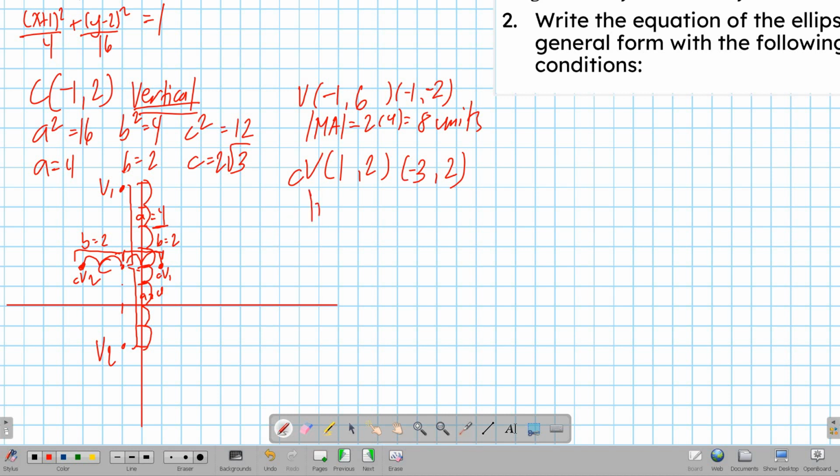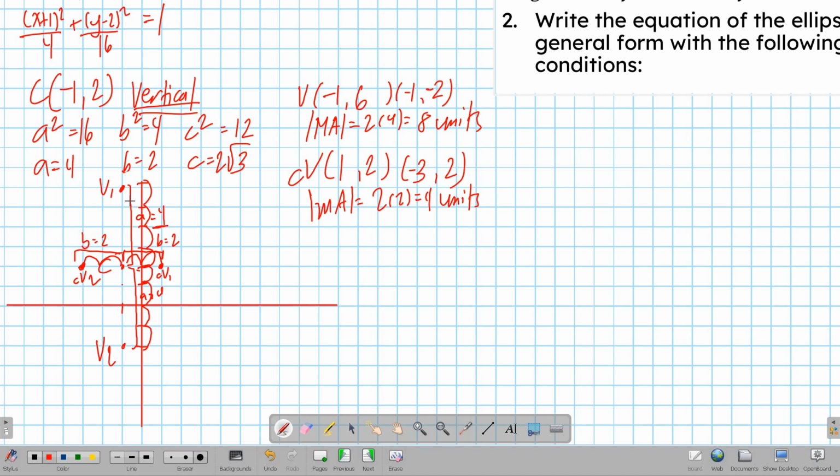From here, we can also get the length of the minor axis, which is 2b. That's 2 times 2, which is equal to 4 units. Finally, for c, although it's a bit complicated to look for where c is, 2 square root of 3 is approximately between 3 to 4 units. So with that, we just need to count approximately 3 to 4. Past 3. So from the center, that's 1, 2, 3.